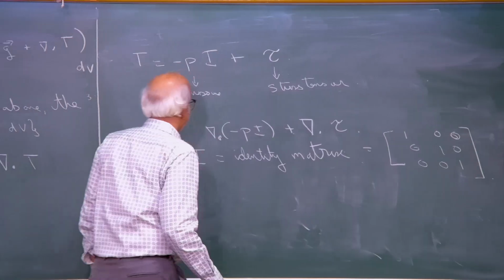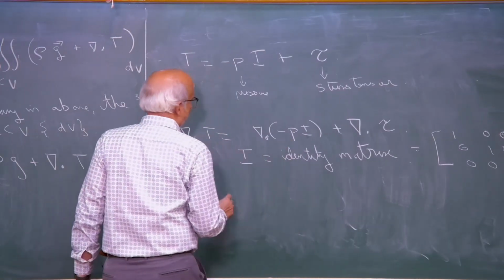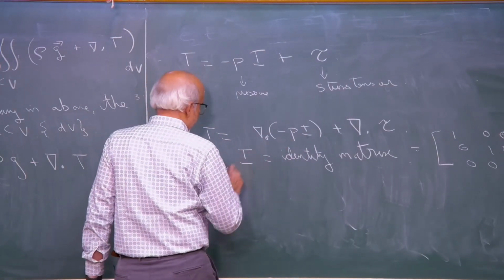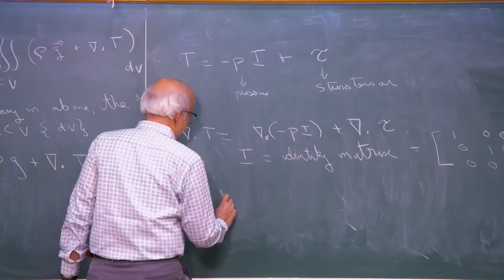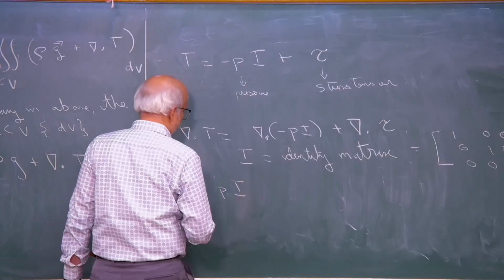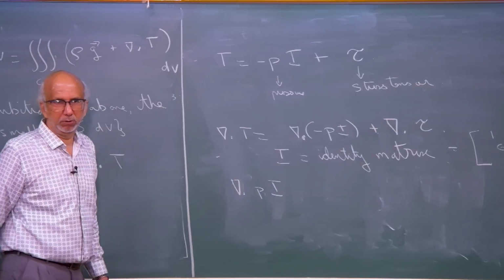So, if I want to calculate this particular quantity here, how do I calculate divergence of P I? Forget the negative sign, negative can be pulled out.